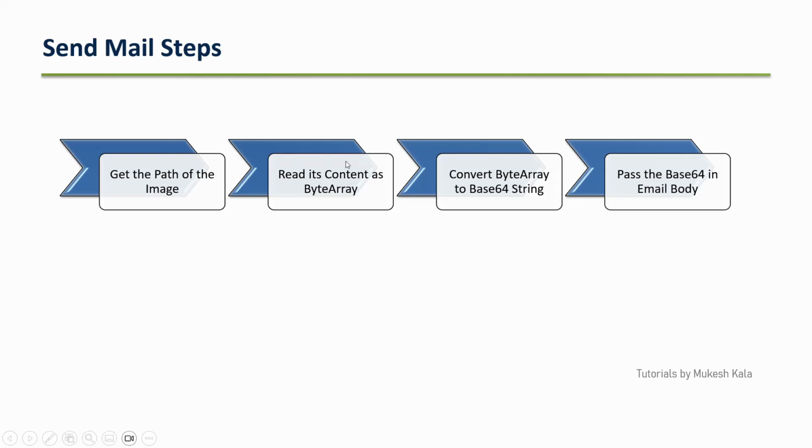Once you have the ByteArray, you convert the ByteArray to a Base64 string, and then whatever you have in the Base64, you pass that to the email body. So that's why I was telling you that complete thing. First you get the path, convert it to ByteArray, ByteArray to Base64, and then Base64 goes into the email body. So this is the other way of sending an inline image. Let's see that in action in UiPath.